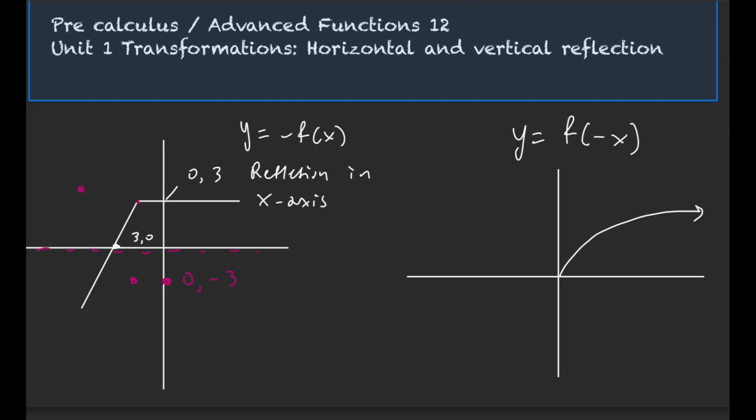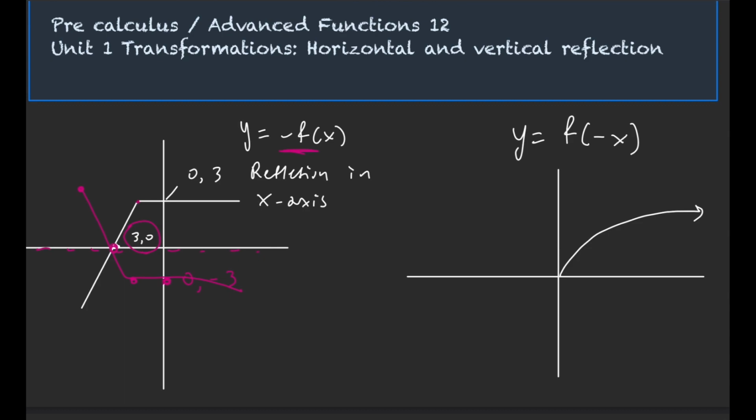And the function would basically look something like this. The points that don't get reflected, such as this one right here, where the intercept is 3, 0, are known as an invariant point. So that's what happens when there's a reflection in the x-axis, or negative f of x.